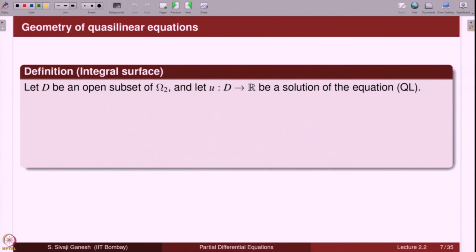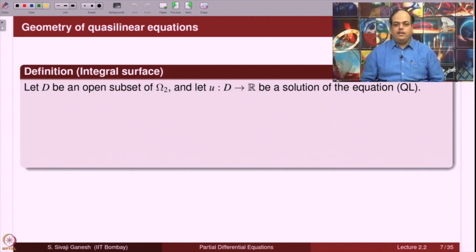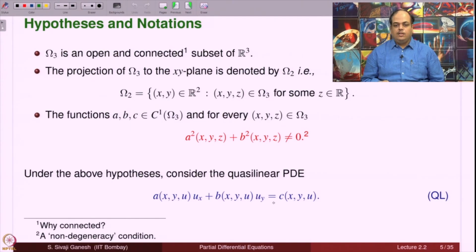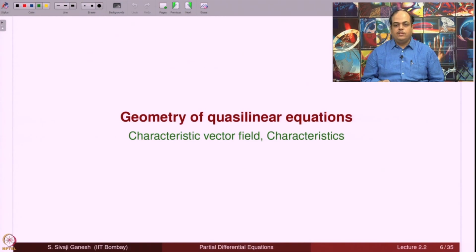The equation A of x comma y comma u of x y, u_x of x y, plus B of x y u of x y, u_y of x y, equal to C of x y u of x y is satisfied at every x y in D. That is the meaning of solution.